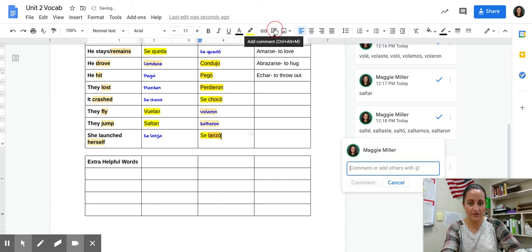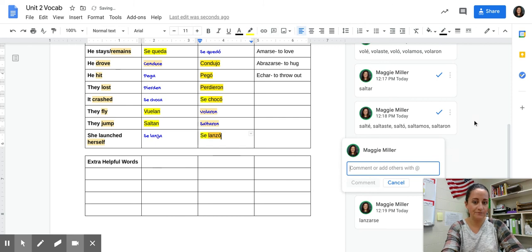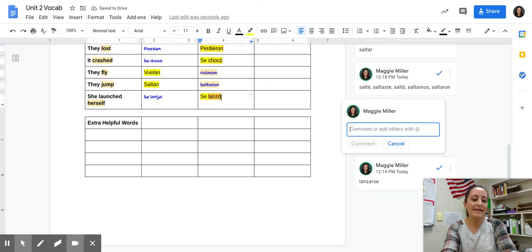Okay, let's work through that here. I launched myself, me lancé. Notice that I changed my Z to a C. Me lancé. We have to do that. It's a spelling change that's necessary. Again, it's something for pronunciation.